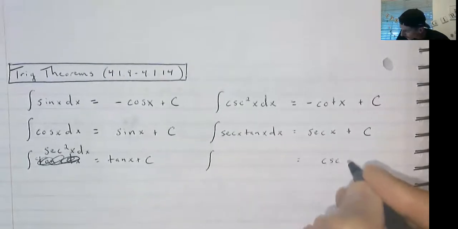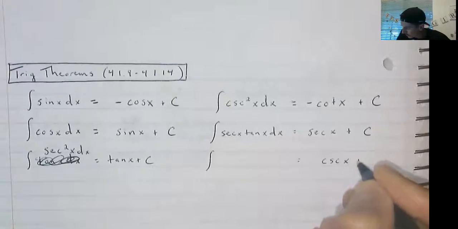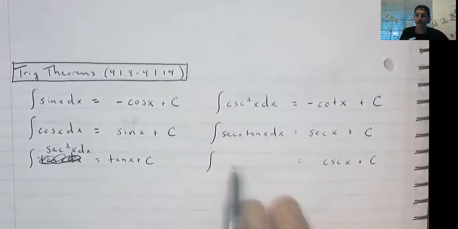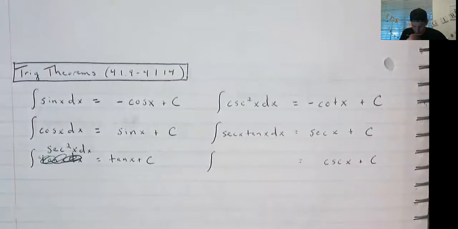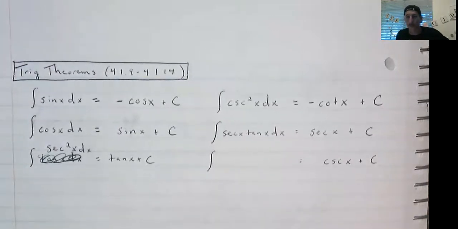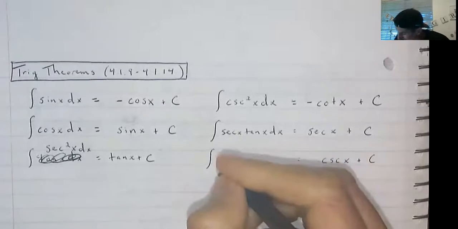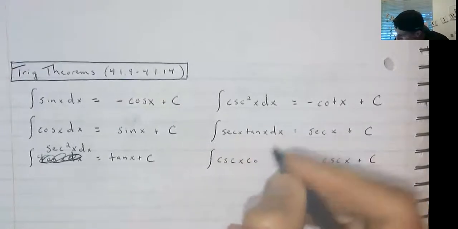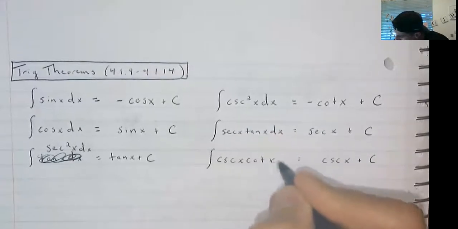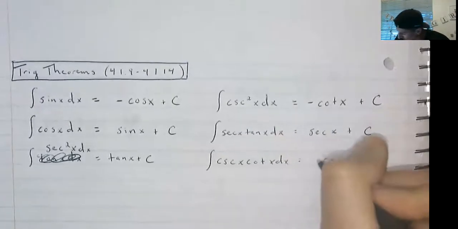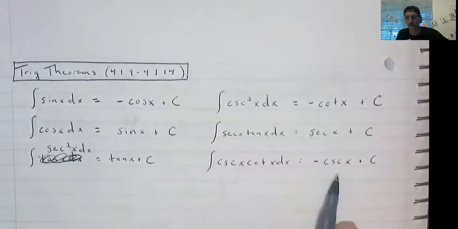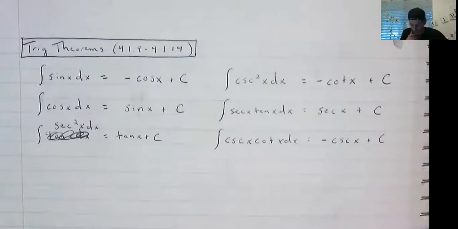It's going to be a similar outcome as the cotangent, where when you differentiate the cosecant, you get the opposite: the negative cosecant cotangent. So we're going to turn that into the positive cosecant cotangent and start out with this negative. So the antiderivative of cosecant cotangent is the opposite of cosecant plus c.